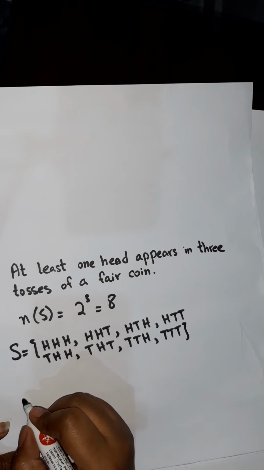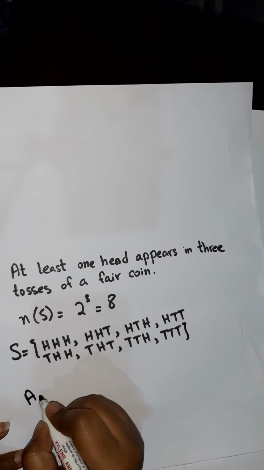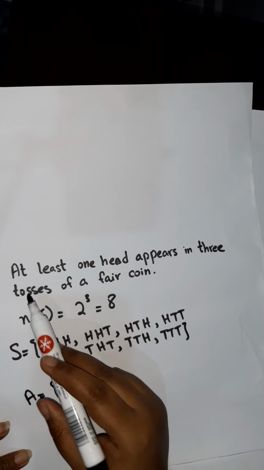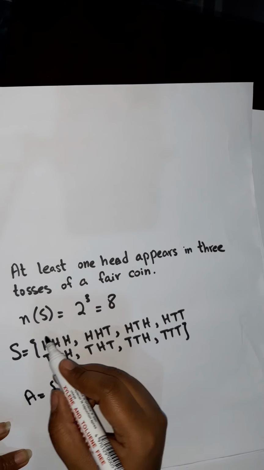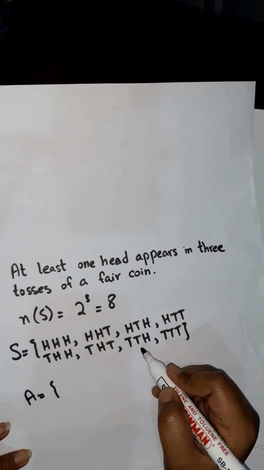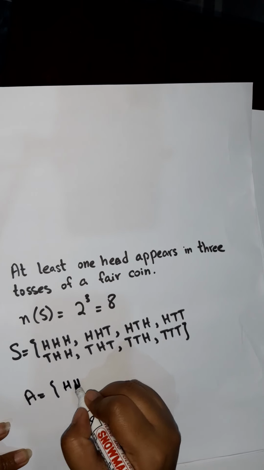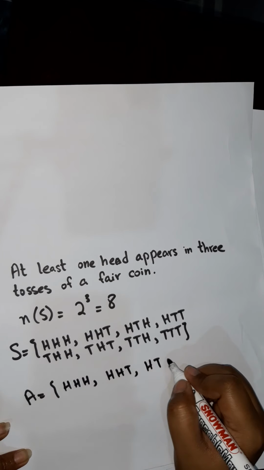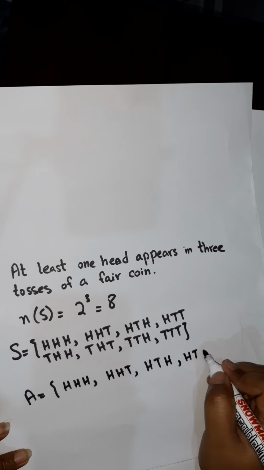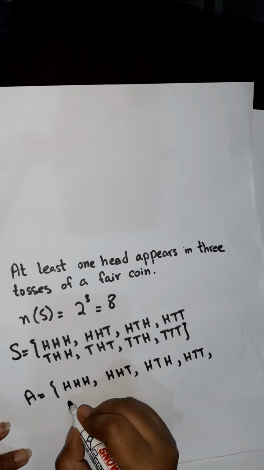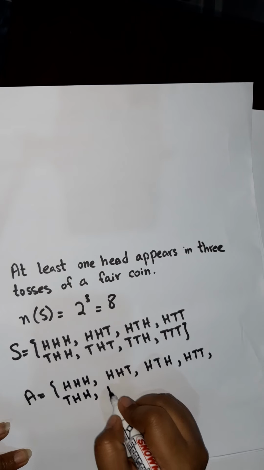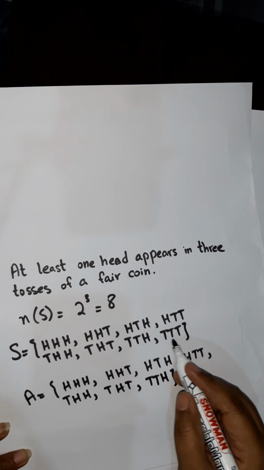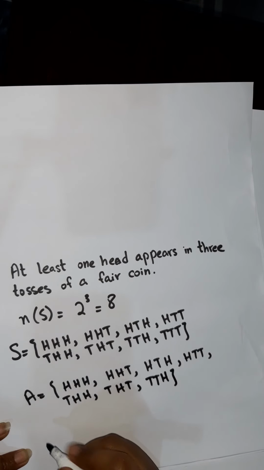So here we will construct an event A which denotes that at least one head appears. We can see that starting from here up till here, all of the outcomes have at least one head. So we will rewrite them for our event A. We cannot write the last outcome because there is no head.